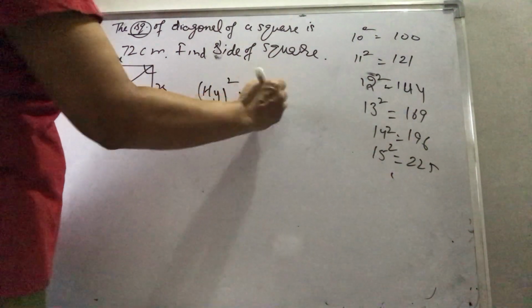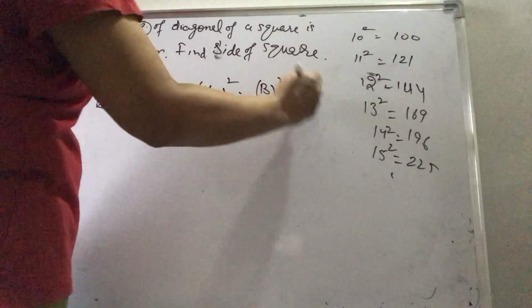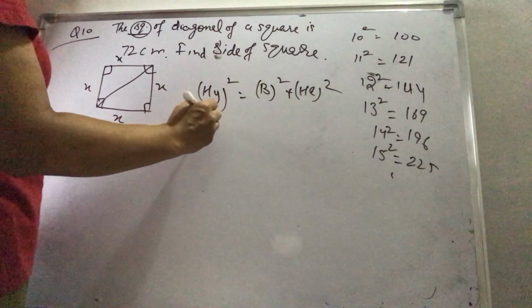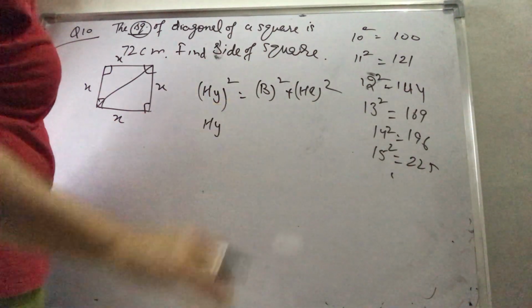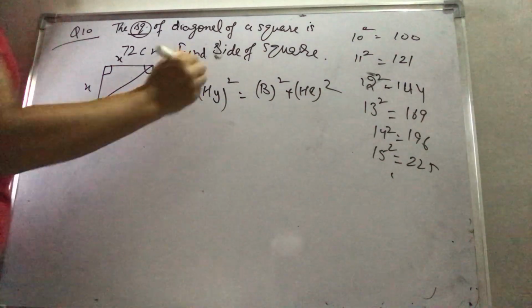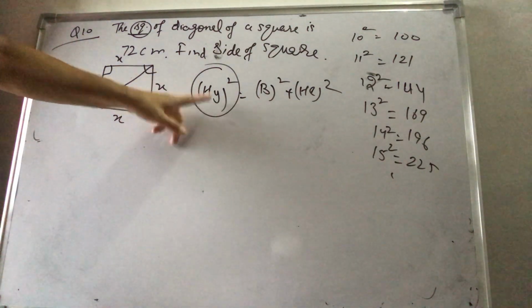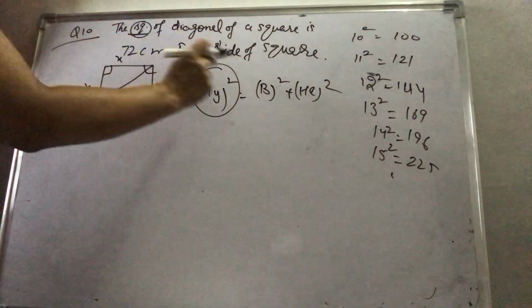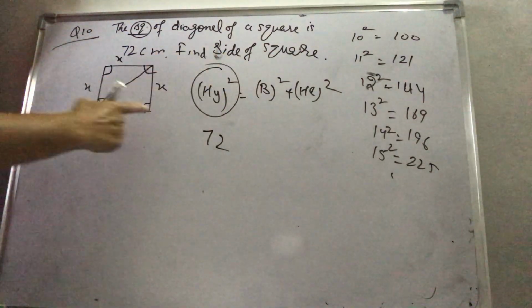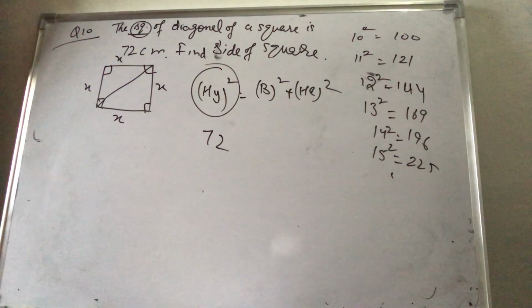Hypotenuse square is base square plus height square. Hypotenuse we are not given. No, the value of the square of hypotenuse means hypotenuse power 2. For this whole I have to write 72.